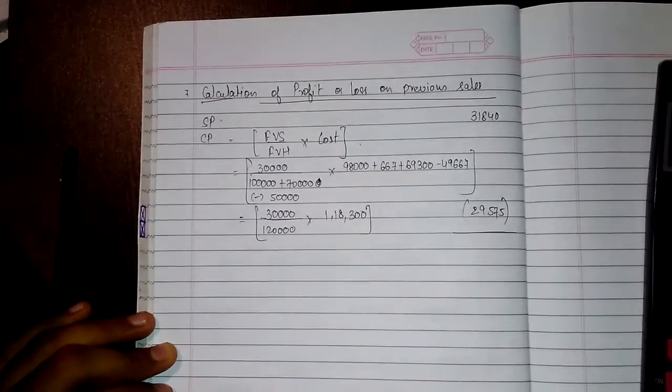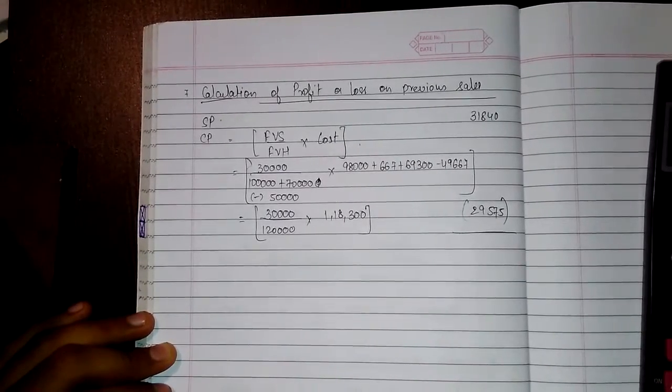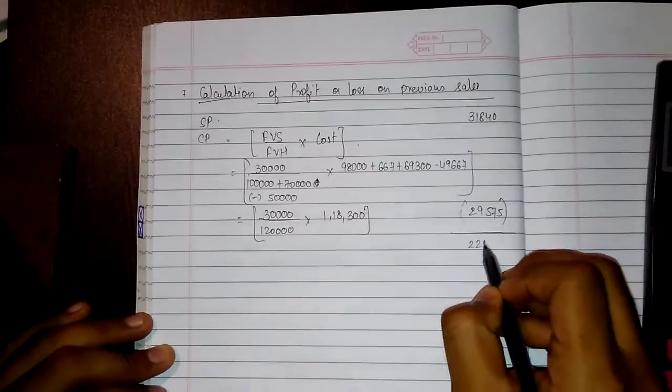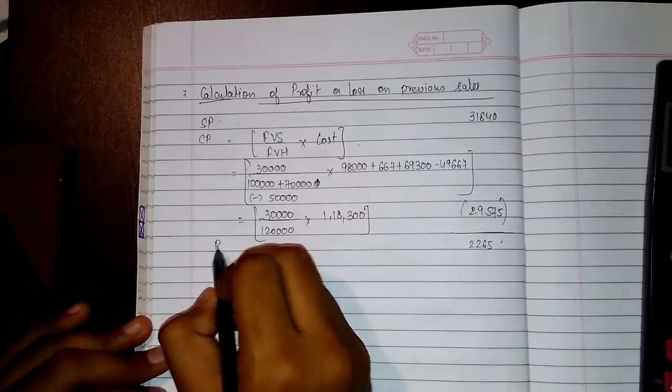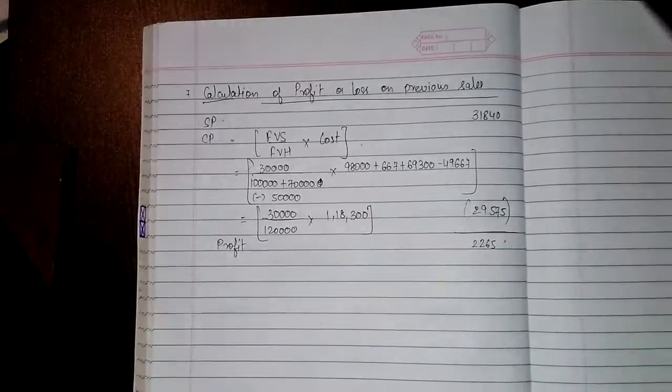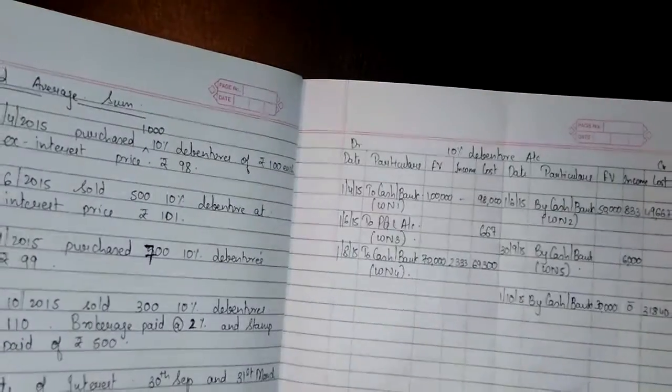So we are earning a huge profit over here of rupees 2,265. So this is the profit, and we'll pass the profit and loss entry, that is 10% debenture account debit to profit and loss account.